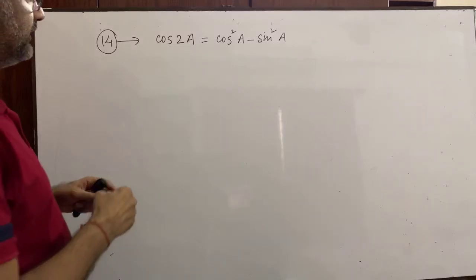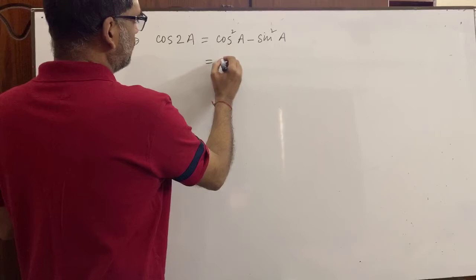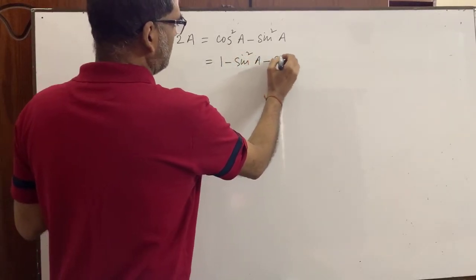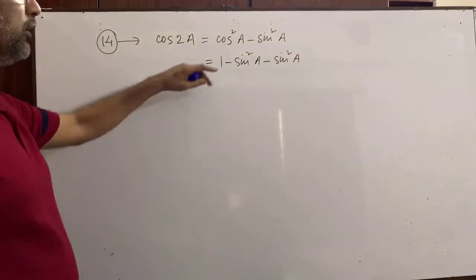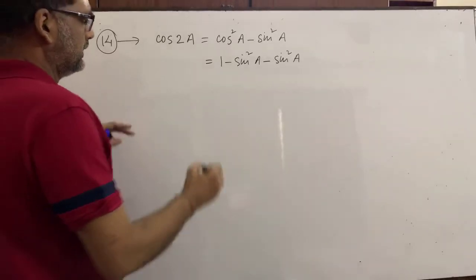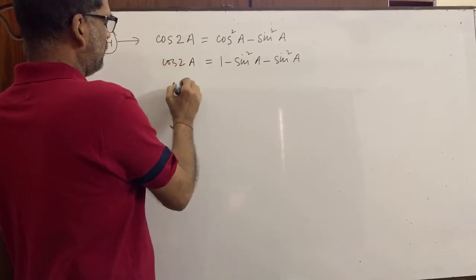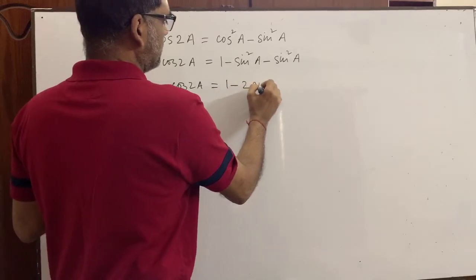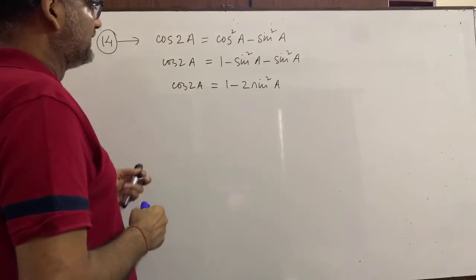So can we write 1 minus sin square a for cos square a, minus sin square a? Or cos 2a is equal to 1 minus 2 sin square a. This is itself a formula.